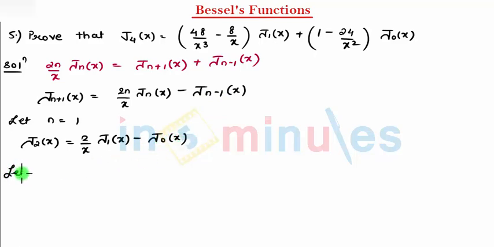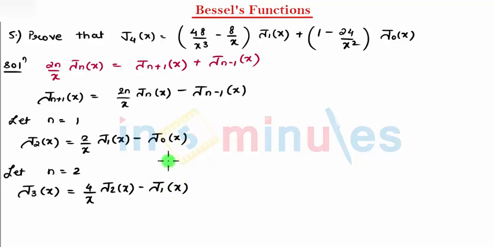Now let n be equal to 2, so this gives me J3 of x is equal to 4 by x J2 of x minus, 2 minus 1, J1 of x.